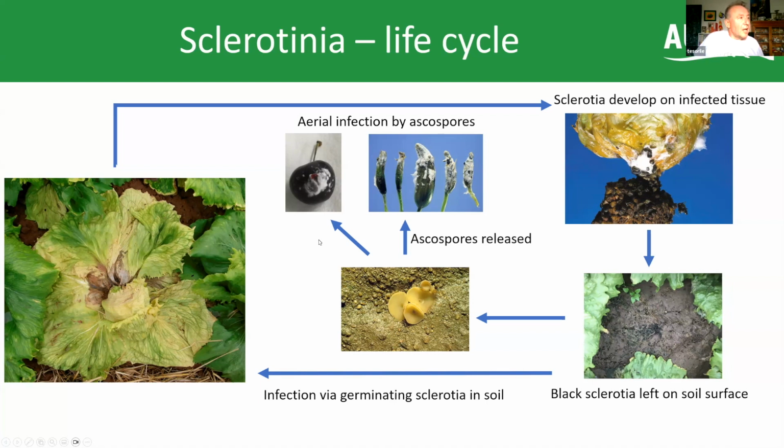And similarly, in the blossoms of something like cherries or onto the cherry fruit itself. So this aspect of Sclerotinia infection allows it to spread further than it would if it was just moving from plant to plant via the soil or on the soil surface itself.